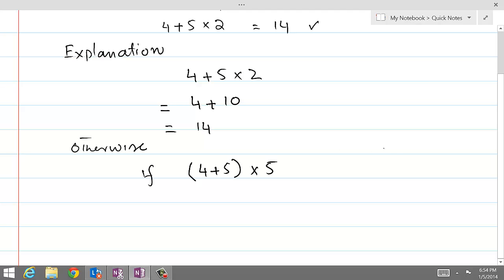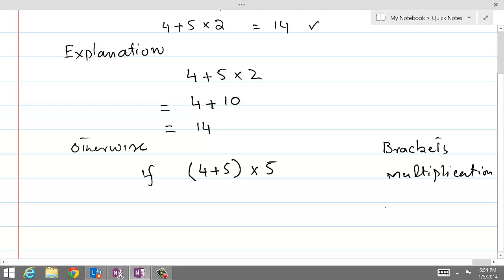Just for these three operations, the brackets are calculated first, then multiplication, and then addition. So if we were to calculate this, the brackets will be calculated first. So 4 plus 5 will be 9, and then we multiply by 5, and this time it will become 45.